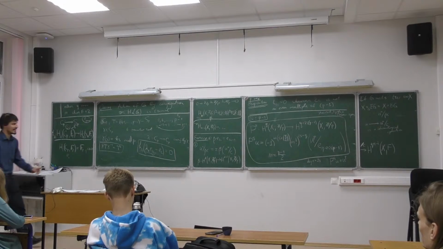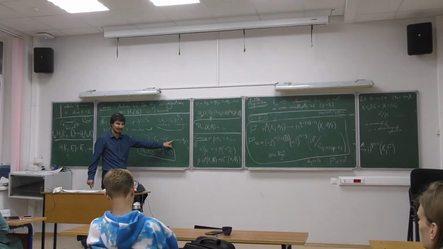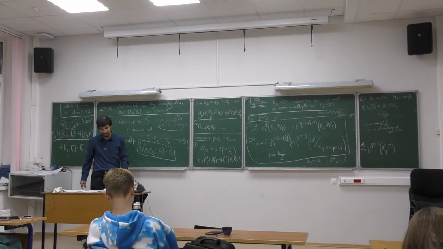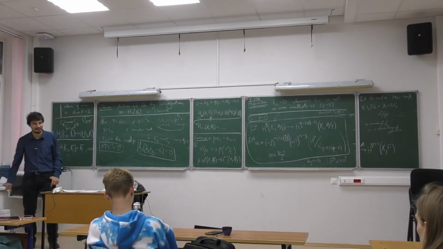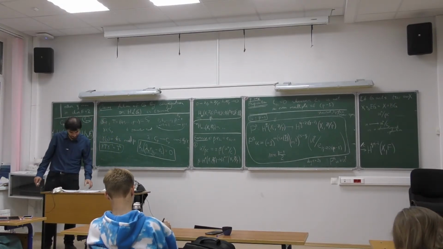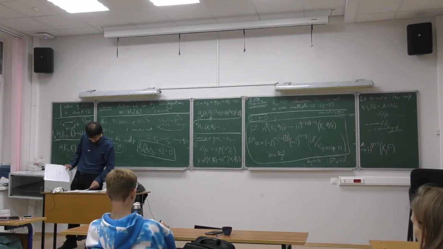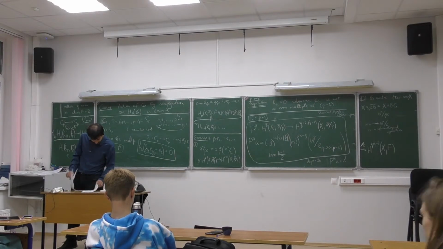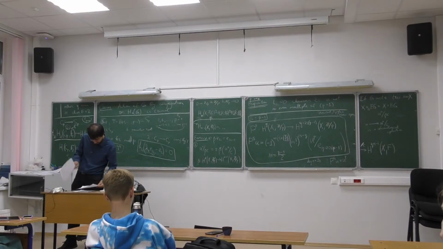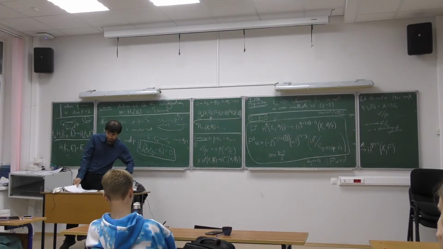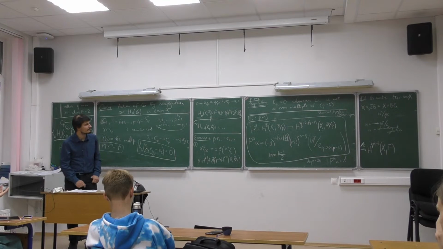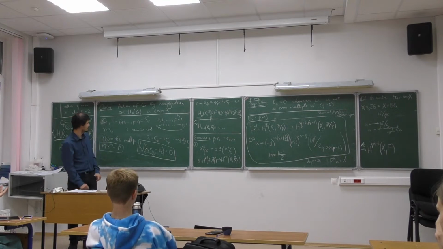No, this is the action on the group. Yes, the action on the group is multiplication by k, but what is the action on homology? It seems that it should be a multiplication by k to the power p minus 1 for this to work.